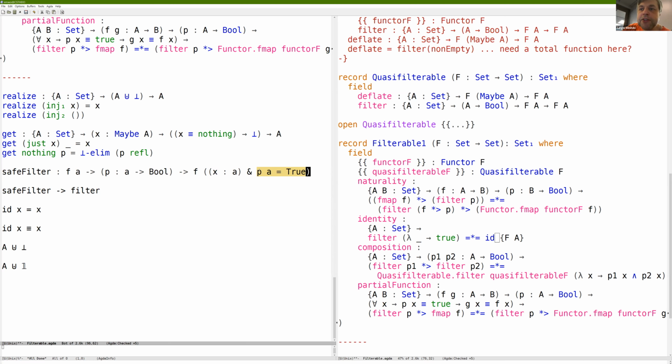Well, the thing is, you look at the type signature of safe filter. The result is an f of something. Yes. Right. So you don't know what's in it. You cannot say that something is in it. You have to f map over it.